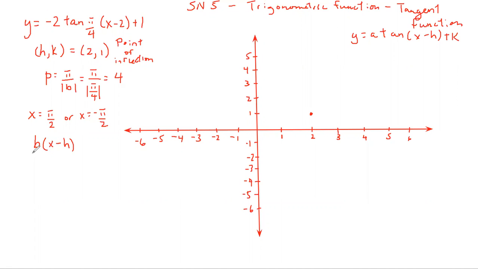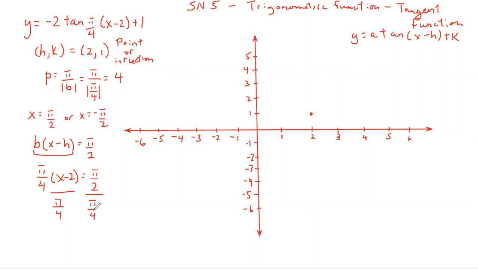So if we make this transformed x equal to pi over 2, and then isolate for x, we can then tell where our asymptote is. So let's do that with this problem, where we have pi over 4, x minus 2, equal to pi over 2. We're going to move the pi over 4 over by dividing both sides by pi over 4.